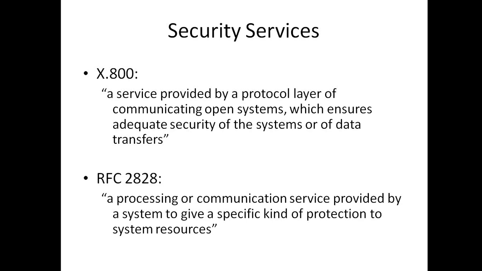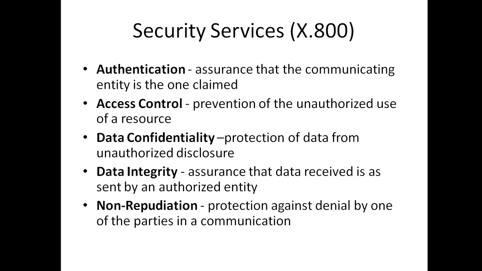It is a service used by the protocol layer of the communication system, that is the Open Systems Interconnection (OSI) architecture. That layer will use this X.800 in order to increase the data security during the transmission of data. And RFC 2828 is a processing or communication service which is provided by a system to give a specific kind of protection to all the available resources in the system.